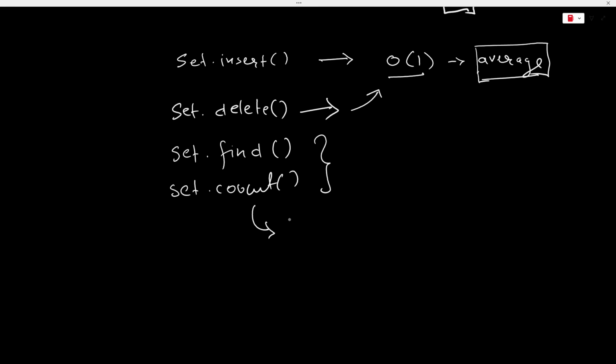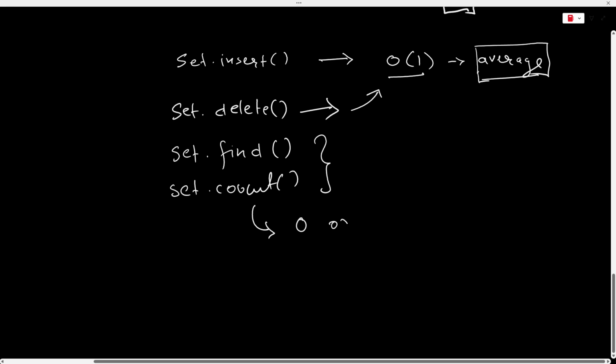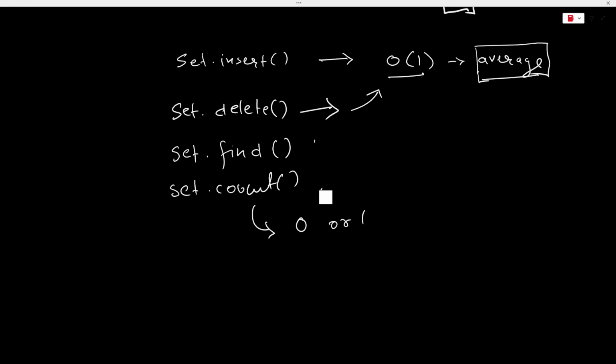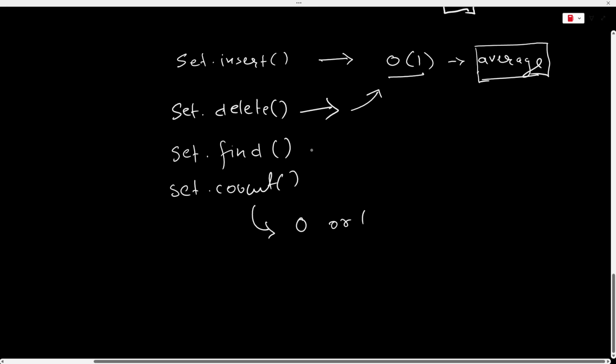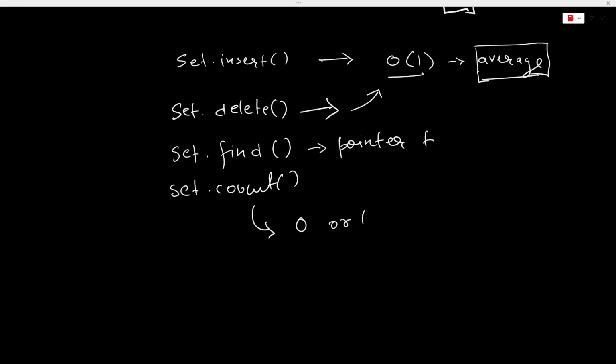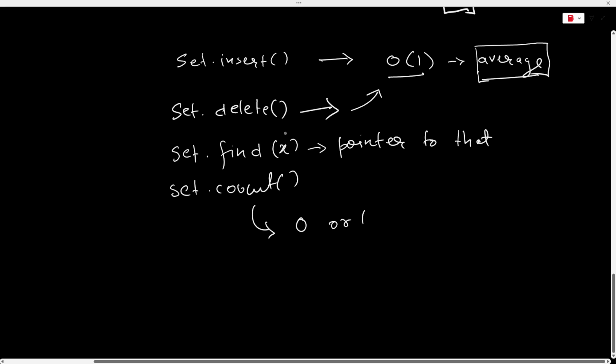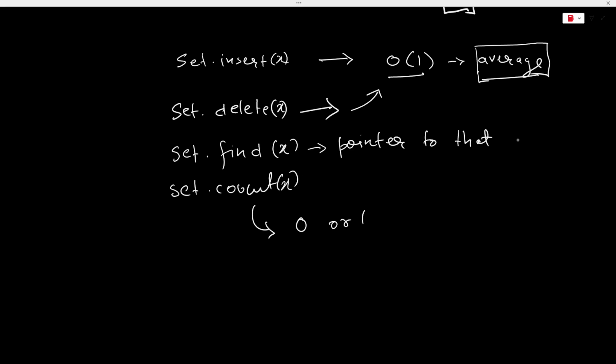Count will either return 0 or 1. Find will return a pointer to that element, a pointer to x if it is there.